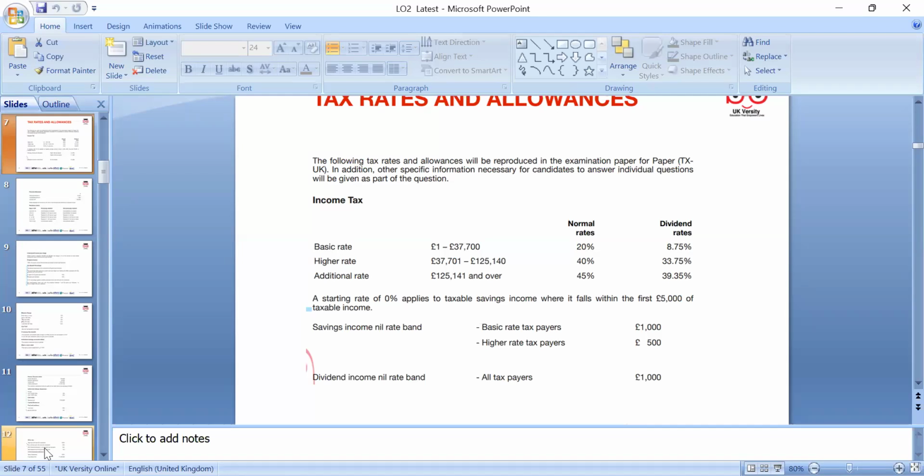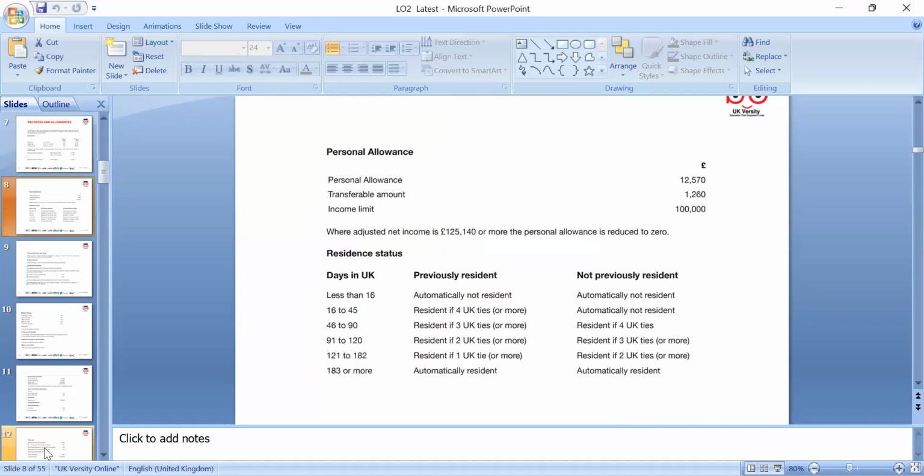Personal allowance 12,570, transferable amount if your partner is 1,260. If anyone earns 125,140 or more, the personal allowance will be zero. It reduces by £1 for every £2 above 100,000, until 125,140.